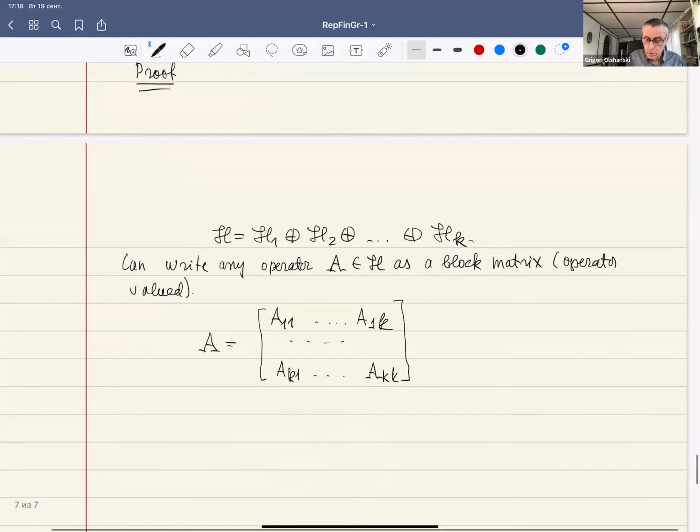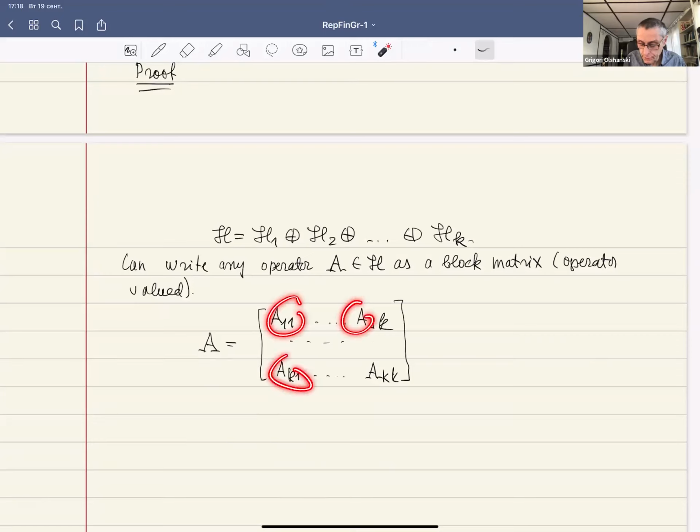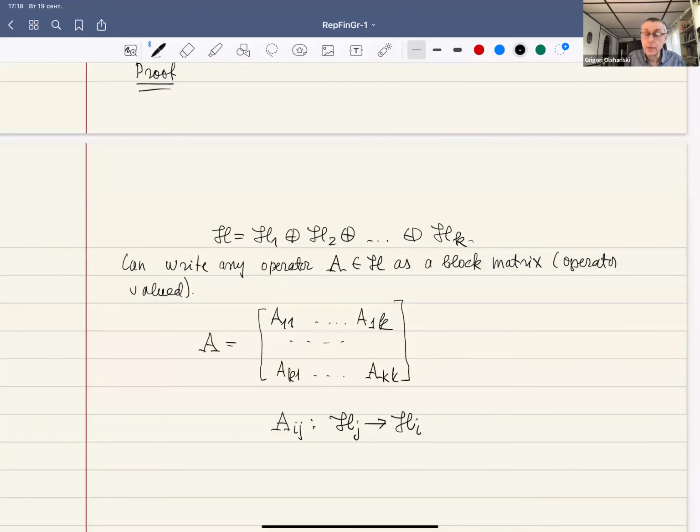Where what are these quantities, the entries of this formal matrix? Assume that Aij is an operator acting from the J component to the I component. So is it clear?